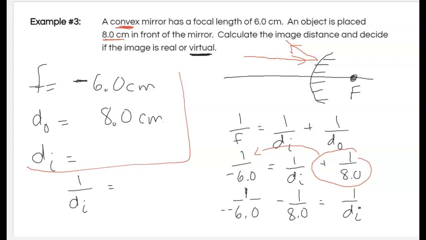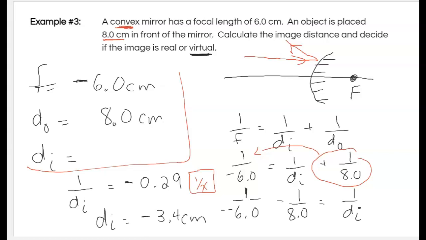Using my brackets, I end up with roughly negative 0.29. Now's the point where I use the 1 over x button to get the reciprocal. When I do that, I end up with d_i equal to negative 3.4 centimeters.